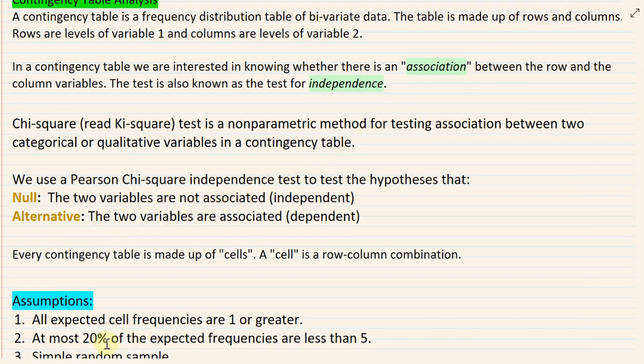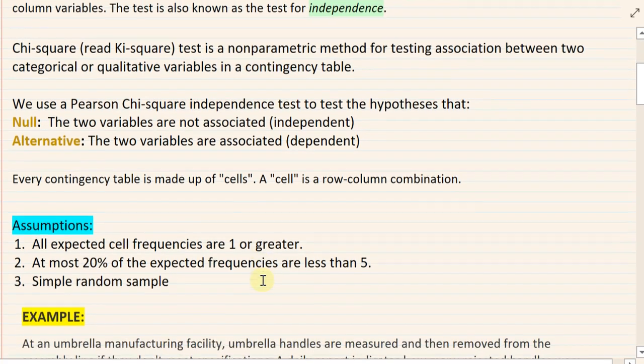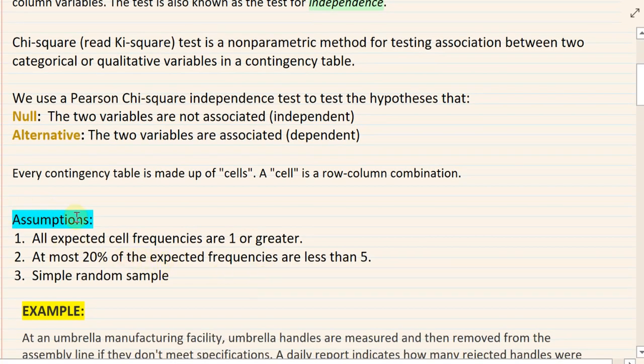The other point I want to make is that every contingency table is made up of cells. What is a cell? A cell is simply a row-column combination where a row and column meet. They create a cell. We'll see this in a moment in a table. These are the assumptions that go with the Chi-Square statistic and the Chi-Square test for independence.